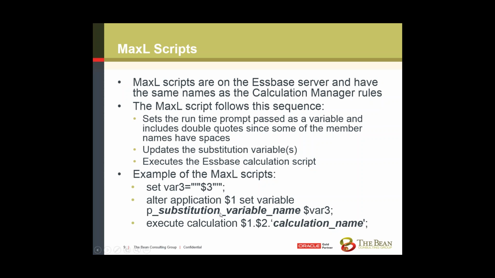We then use that variable to update a substitution variable that would have the same name as the runtime prompt. The only difference is that we put a P underscore on the front of it as a naming convention. And then we execute our Essbase calculation script on the Essbase application.